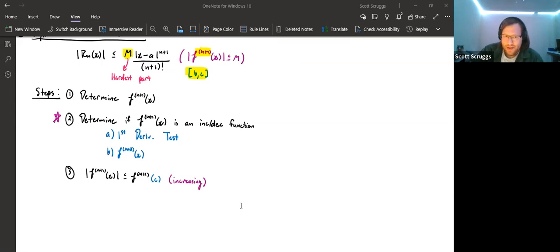And so that's the case if it is increasing. Vice versa, if it was decreasing, a decreasing function means as my inputs get larger, my outputs get smaller. So if you conclude from step 2 that the n+1 derivative is decreasing, you get your largest value by plugging in the left endpoint.